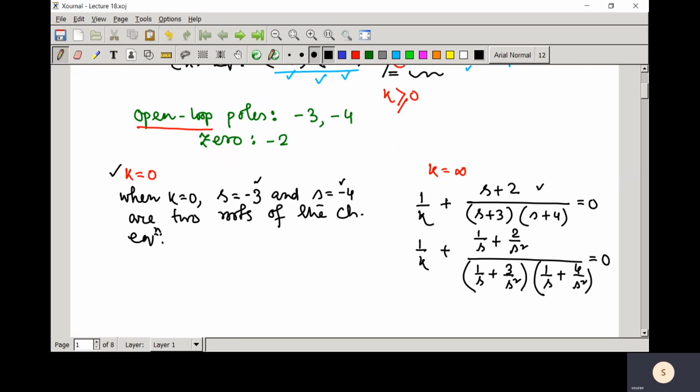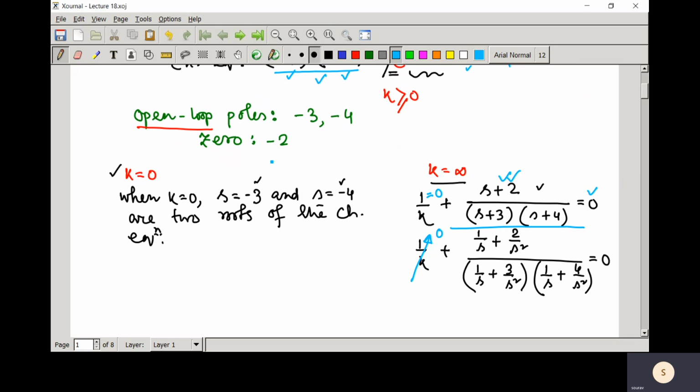So now when K tends to infinity, this particular term would be equal to 0. That means this term would be equal to 0. So now you can see the value of s whenever this characteristic equation is satisfied, that is s equal to minus 2.